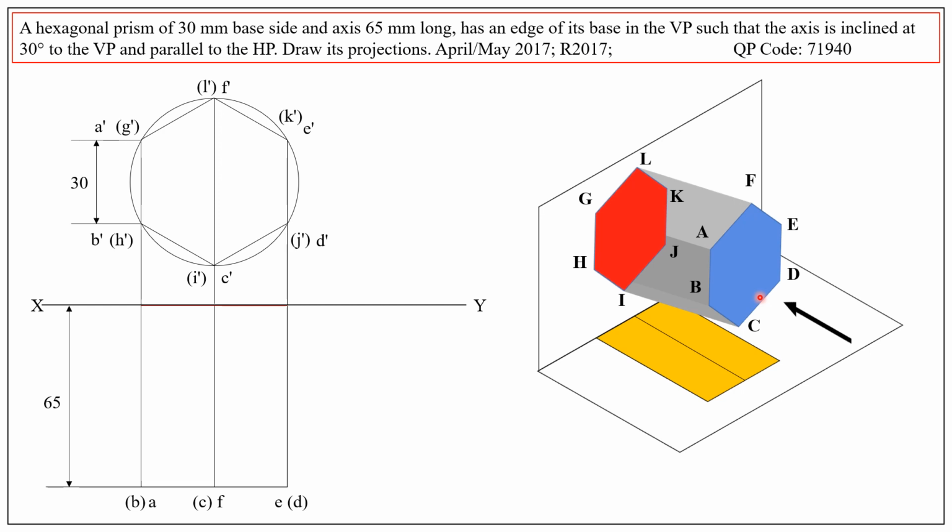Since they are directly below A, F, E, they coincide with the location of those points. Therefore, B, C, D are put within brackets. Similarly, the rear hexagon GHIJKL is shown here. So the top view is completed corresponding to the assumed position.